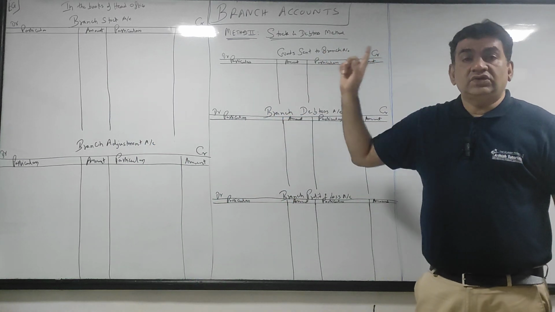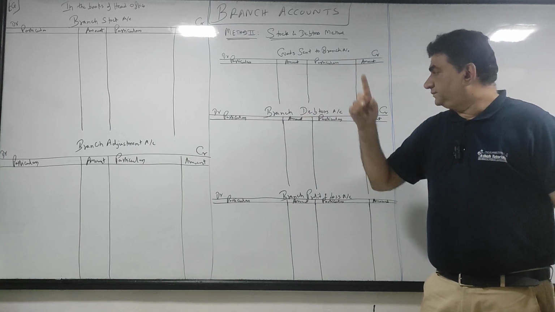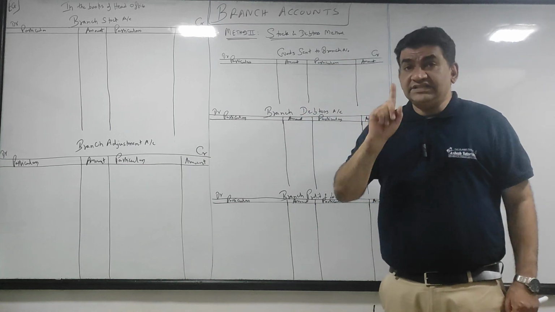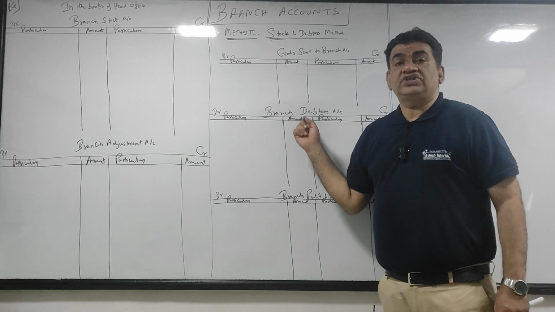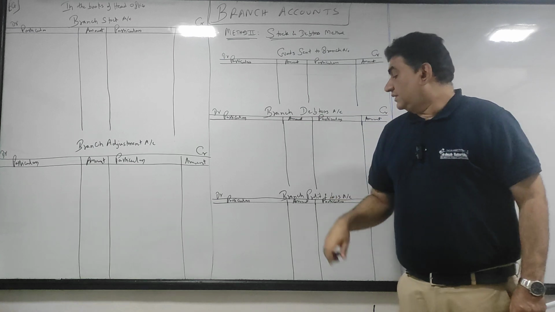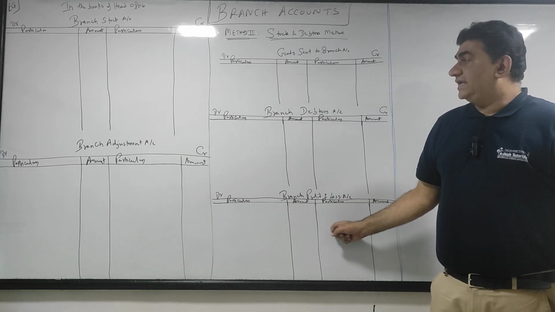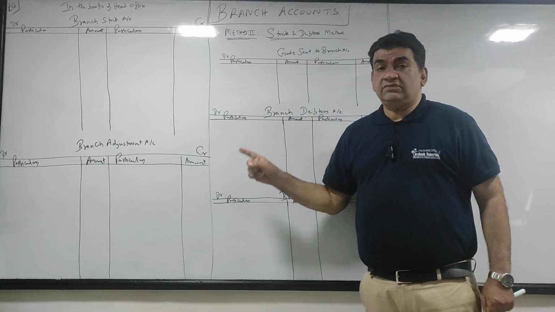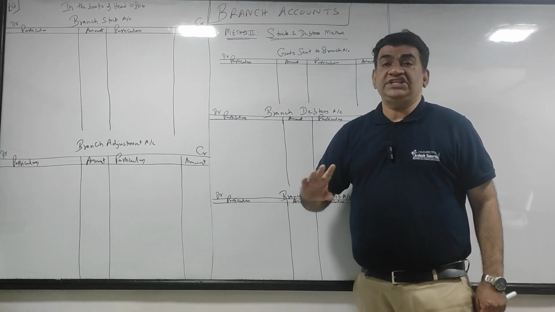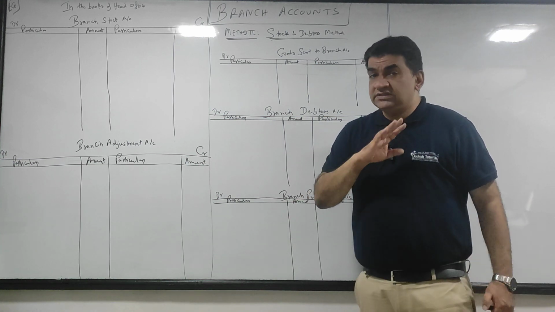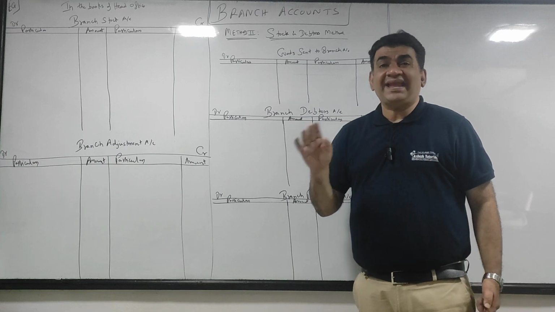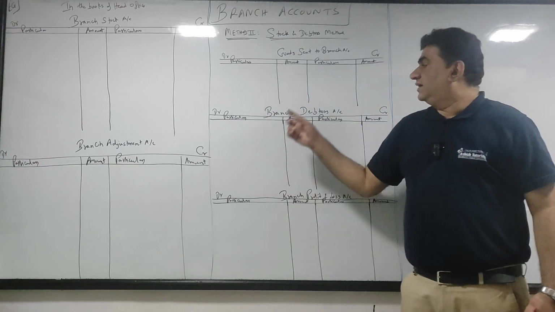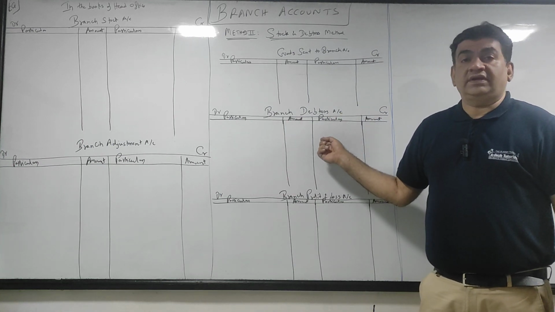Then goods sent to branch account, and where there are credit sales, branch debtors account and branch P&L. So these 5 accounts are to be prepared almost in each and every sum. Suppose the branch sells all goods on cash, there is no credit sales, then branch debtors will not come.